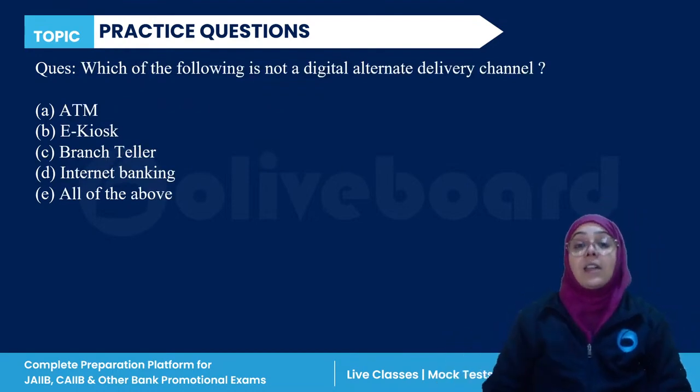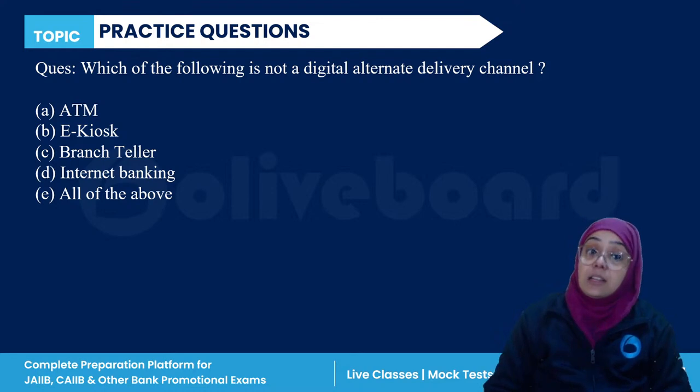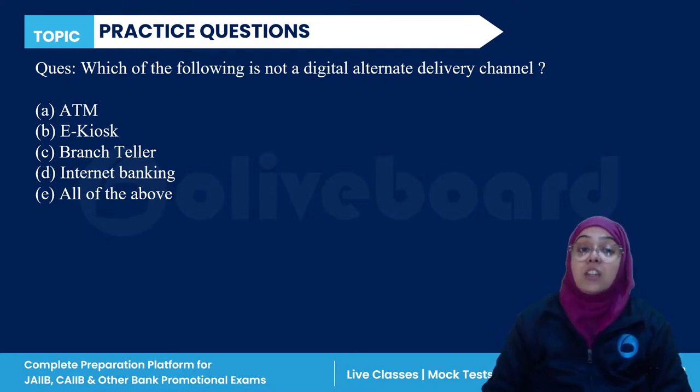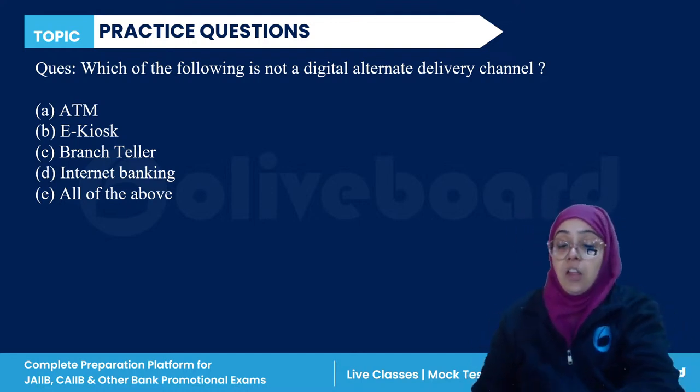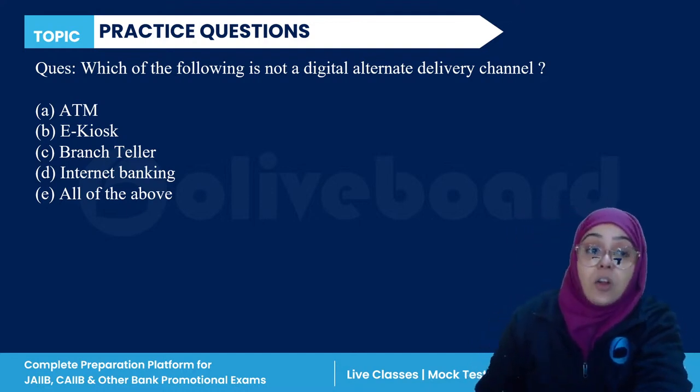Which of the following is not a digital alternate delivery channel? ATM, e-kiosk, branch teller, internet banking, or all of the above. Very easy. Which of the following is not a digital alternate delivery channel for you?